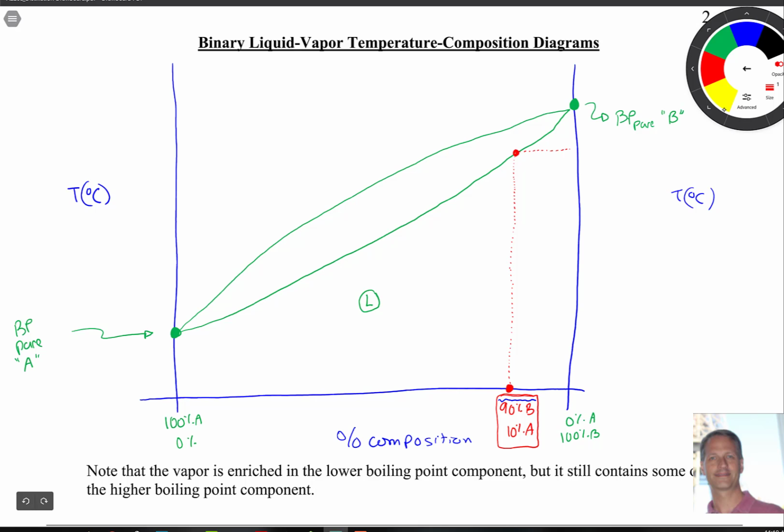We come over here, and that temperature would be the boiling point at 90% B, 10% A. So we could measure that. Now, when something boils, it's in equilibrium, so we shouldn't see an increase in temperature here. Instead, we get a little plateau, a straight line that comes over like this.